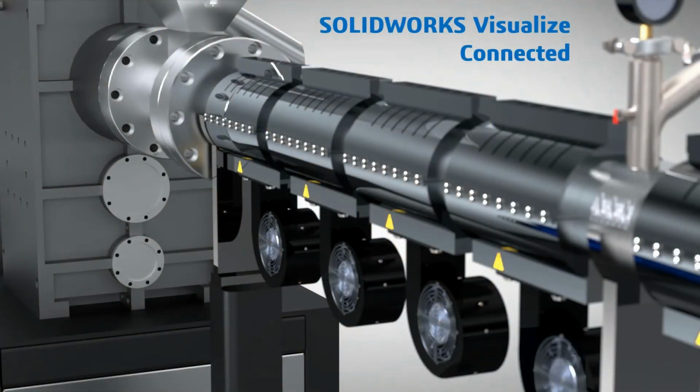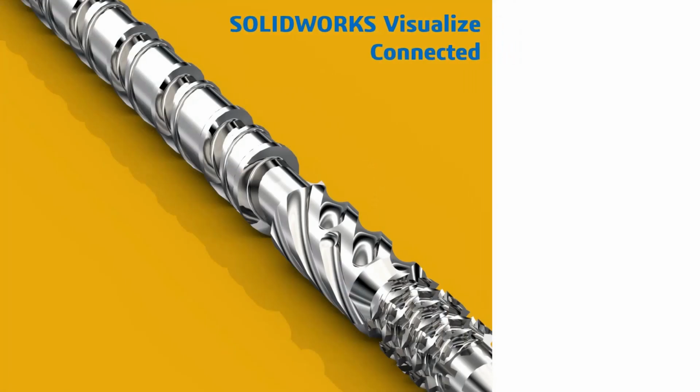So luckily, we have the design and rendering solution in 3DEXPERIENCE SolidWorks, which can help us create visualized content by using SolidWorks Visualize Connected. We can use SolidWorks Visualize Connected to create beautiful promotional images and animations.